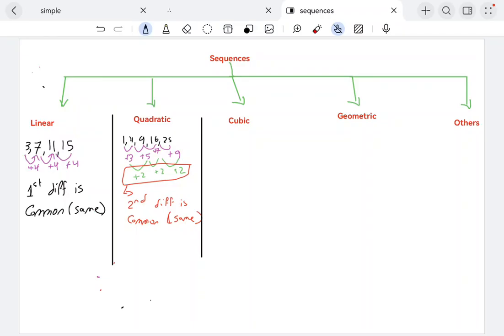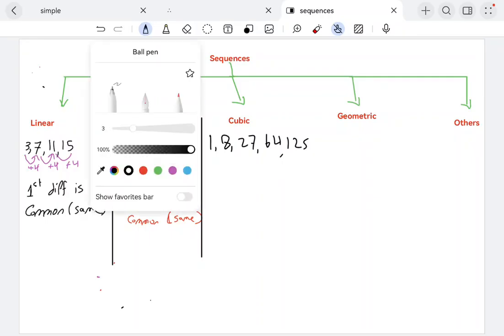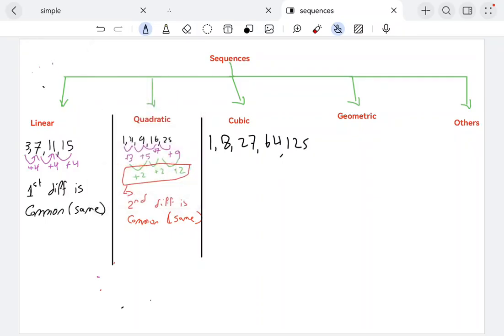Let's give an example now. I'll give a simple one. Okay, 8, 27, 64, and 125. Let's see first difference, second difference, and so on. First difference, plus 7. Second difference, plus 19. Third difference.